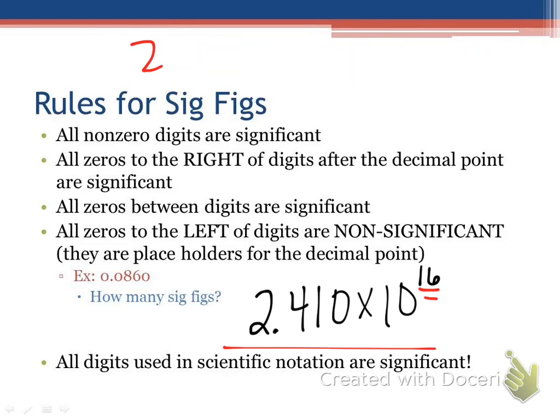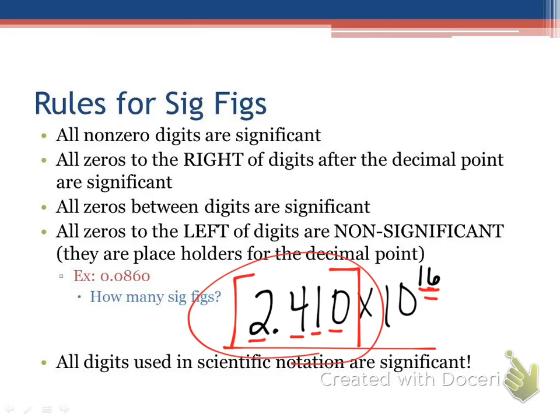Okay, so in this scientific notation, any of these digits right here are significant. Okay, so 1, 2, 3, 4. Okay, so as long as our scientific notation is written in the correct form, all of these visible are significant. We don't care about the expanded number at all, right? We don't care how many zeros are tacked onto the end of the real number. We care about what's visible in scientific notation.